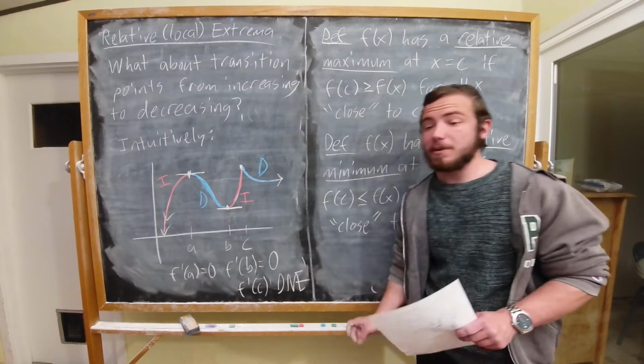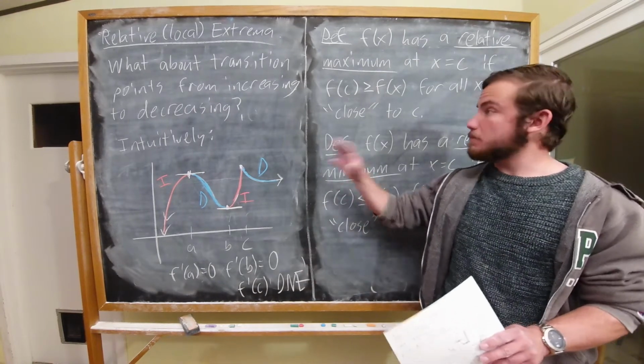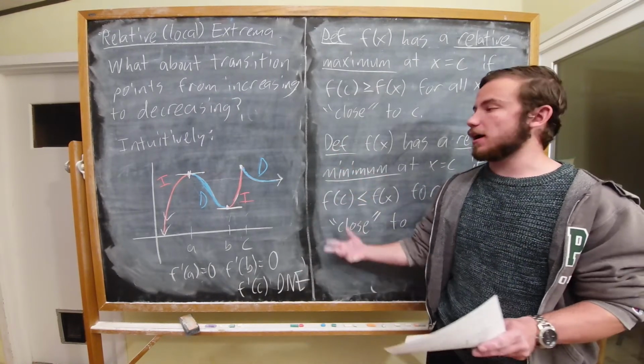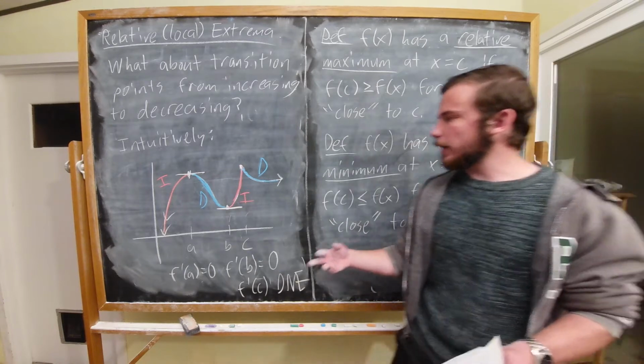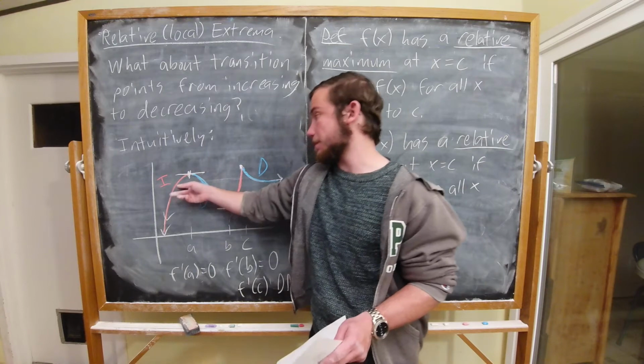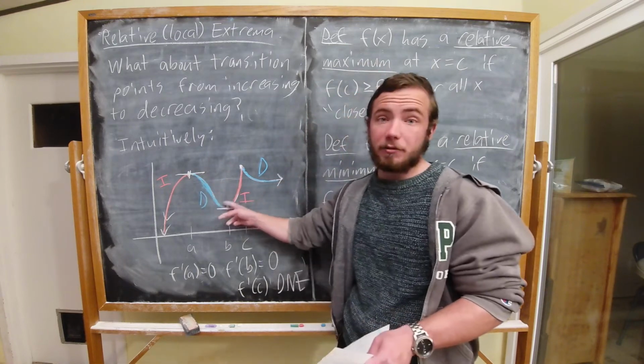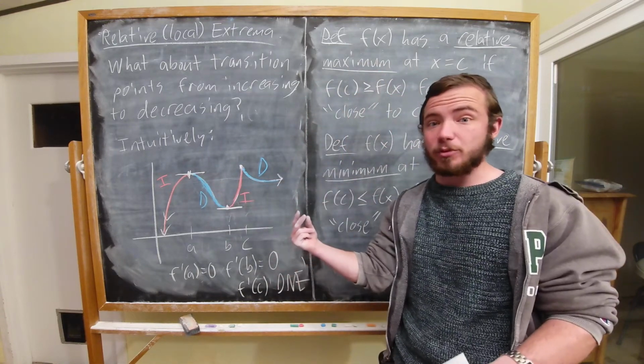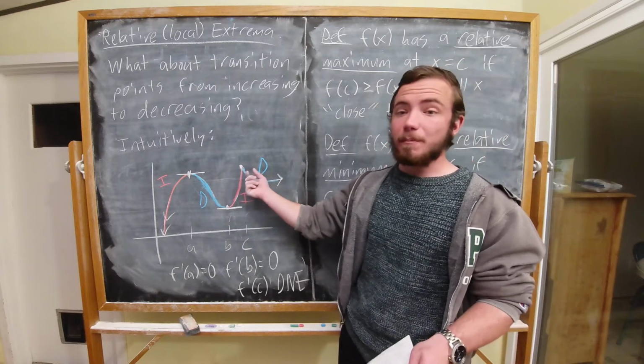And that is going to be our way of quantifying maximums and minimums in terms of derivatives, right? Relative extremes are going to be places where either the derivative is 0 because it goes from positive to negative, or negative to positive, right? And has to transition between 0, or there's a jump in the derivative.